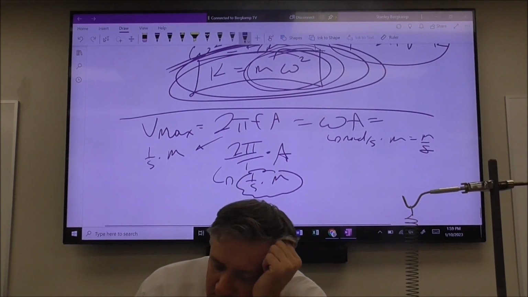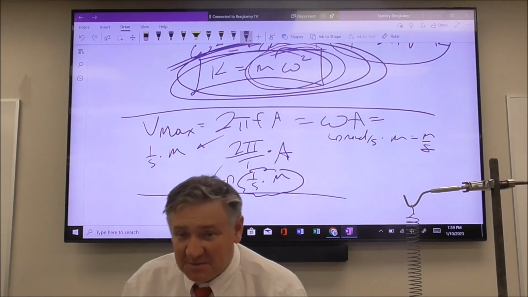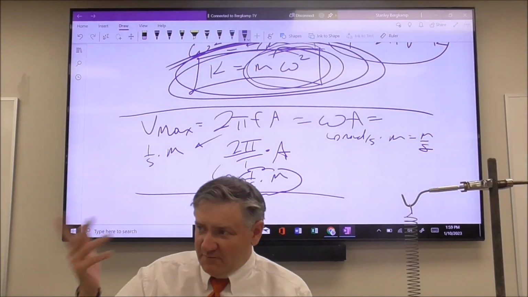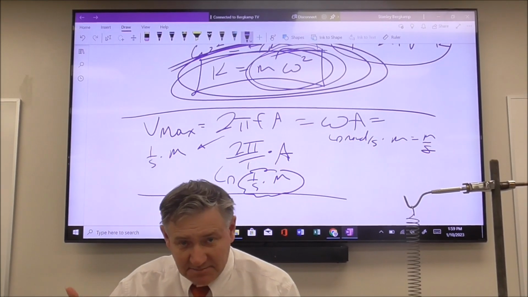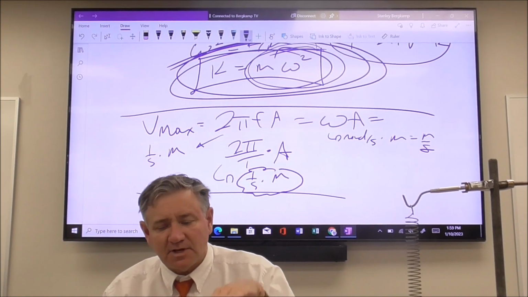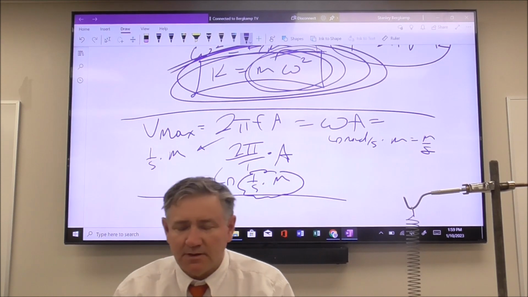Okay. So here's another set of random equations that all look completely different, but they mean the same thing. If you look at another way to calculate Vmax, the simplest is 2 pi over period times your amplitude.